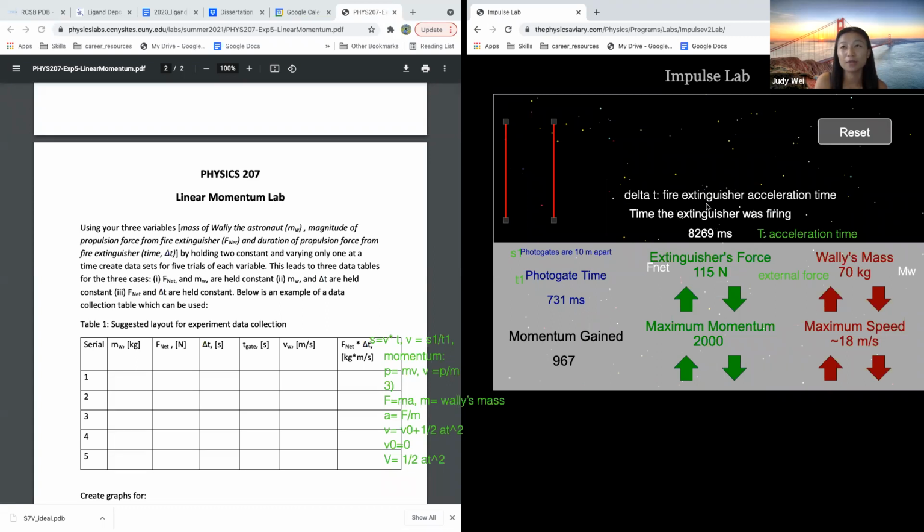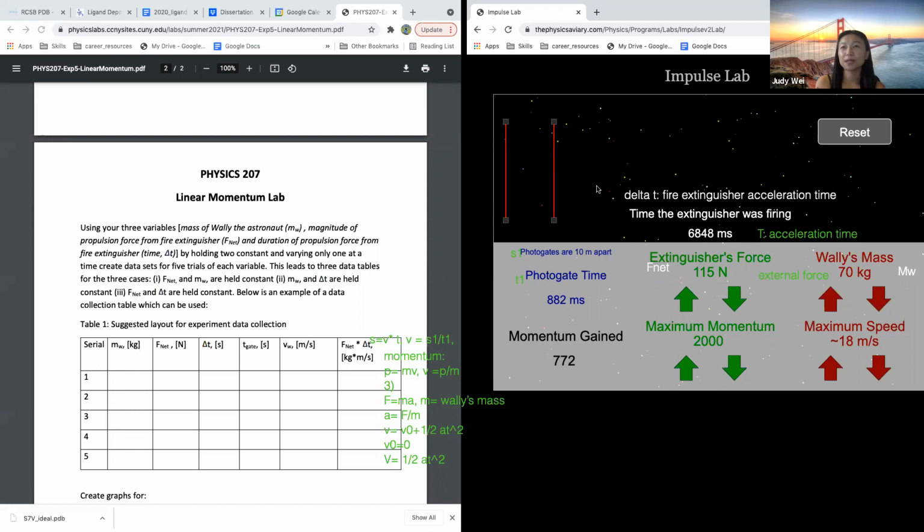So how do you control this one? If I want to change the extinguisher's time, you start accelerating, then you can shut off here. You get the time here and reset. So maybe we start from here and shut off here, and we can shut off here.